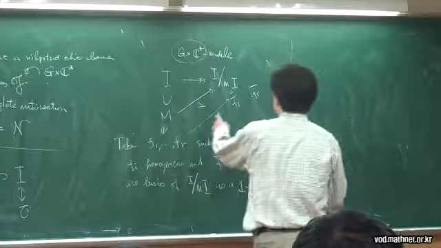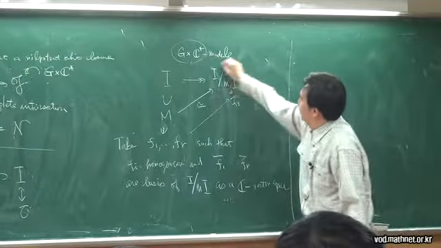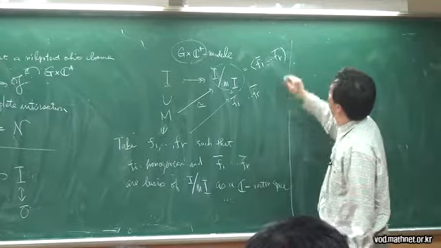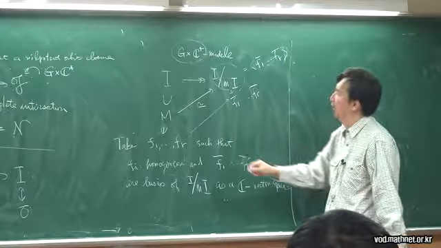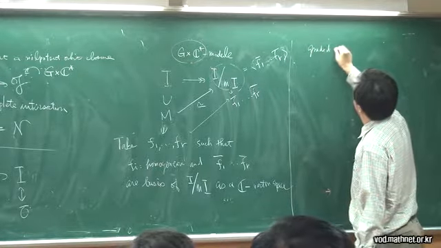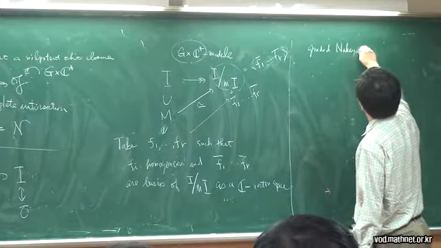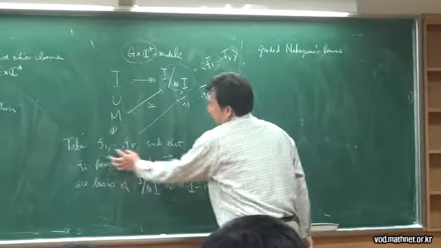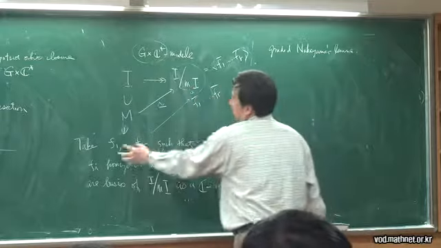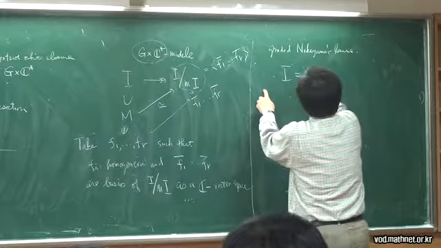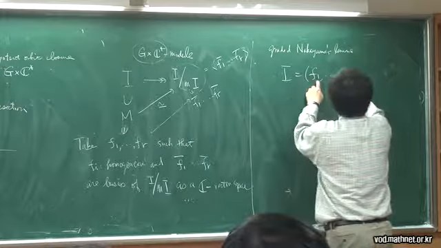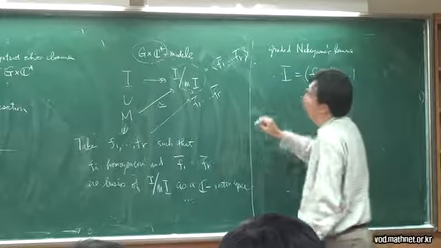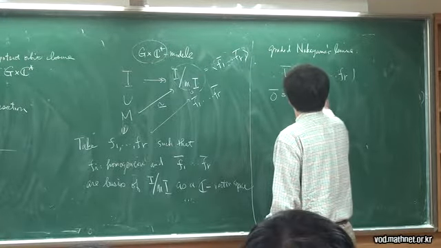Then this is generated by f_1 bar to f_r bar, but by using a graded version of Nakayama's lemma, if f_1 to f_r generate such things, then they generate I. So I is generated by f_1 to f_r as an ideal. So, of course, then O bar is the common zeros of these.